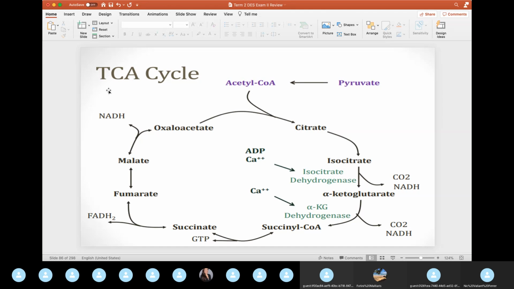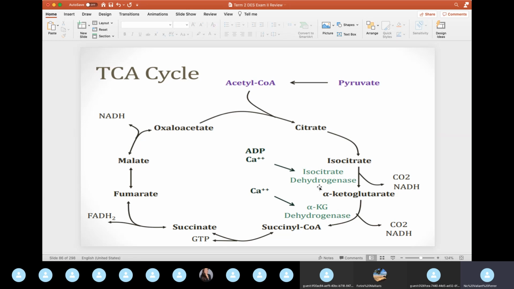Approximately, in theory, it can yield 12 ATPs if the ETC were 100% efficient. There's a caveat there. Don't forget, both carbons of acetyl-CoA leave as CO2 in two reactions here. In your dehydrogenase reactions, you have a decarboxylation, you're removing CO2.